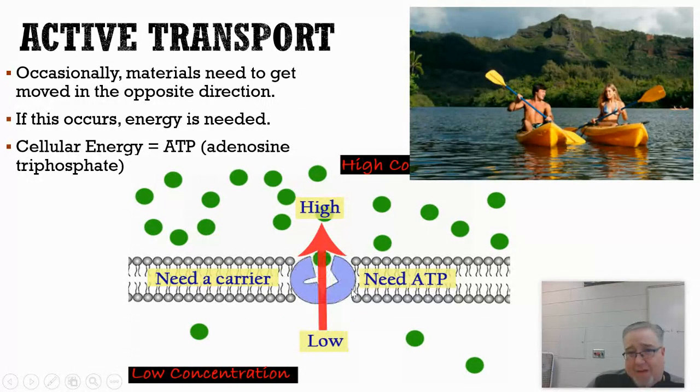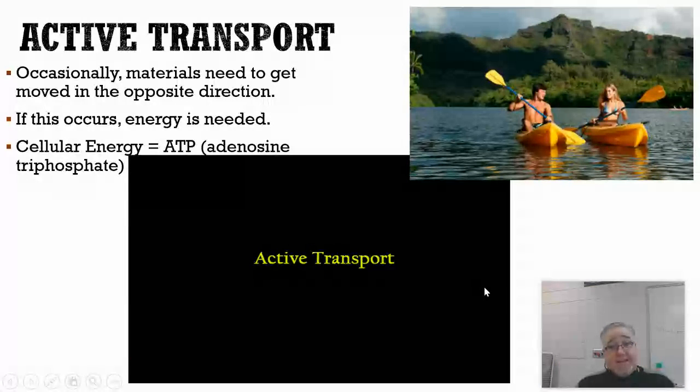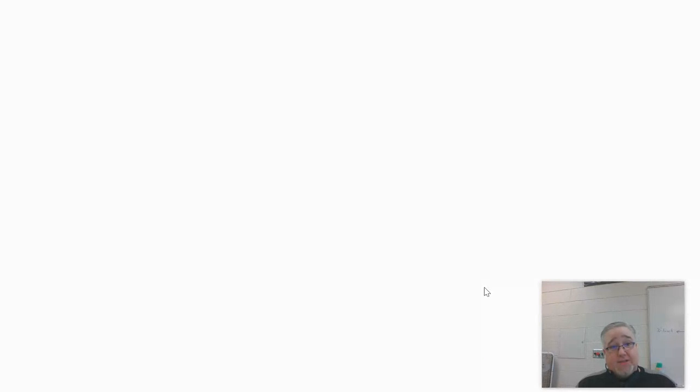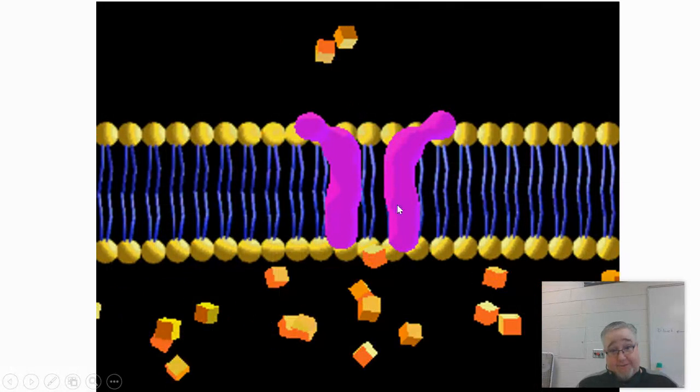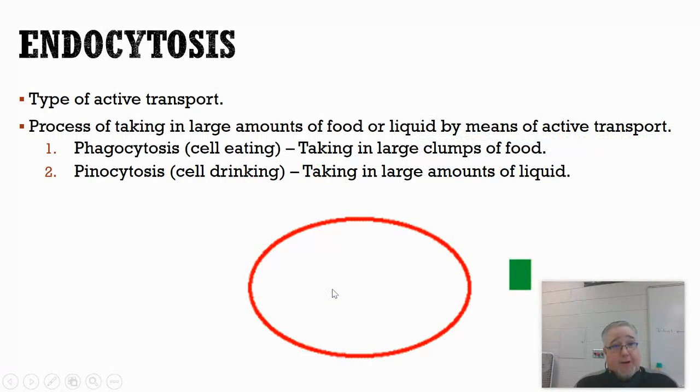So it's kind of facilitated in a way, but it is active because it's moving from low to high. This is passive facilitated. This picture here is showing you active facilitated diffusion. So hopefully we can see the difference there.